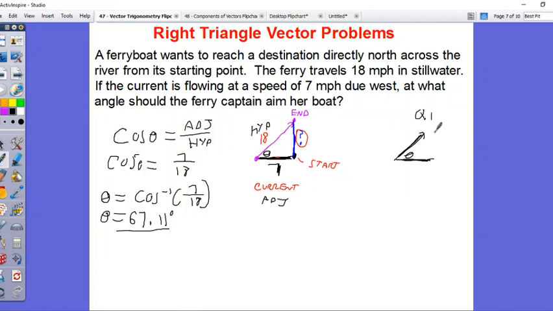So we don't have to adjust the angle to a new quadrant. I can immediately tell that starting from the positive x-axis, that value is going to be equal to 67.11, and we don't have to change it. We are already in quadrant 1.